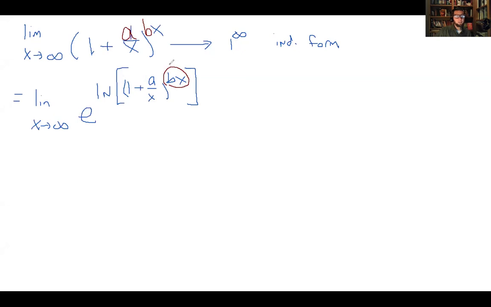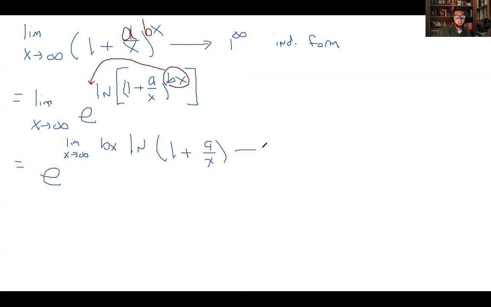It can come outside, so it can come out front. And notice that the limit can go in through the continuous function e. So we have e to the limit as x goes to infinity of bx times the ln of 1 plus a over x. So far, so good? Yeah.